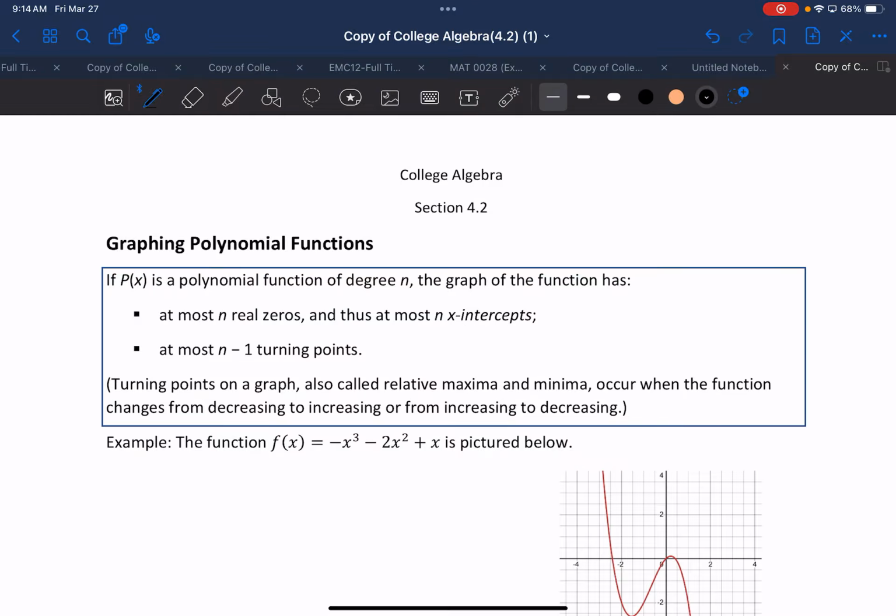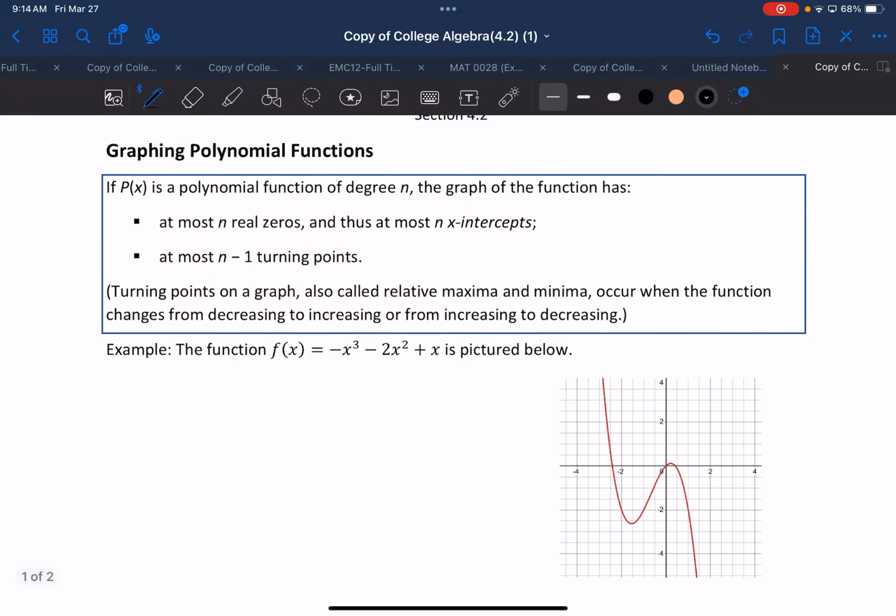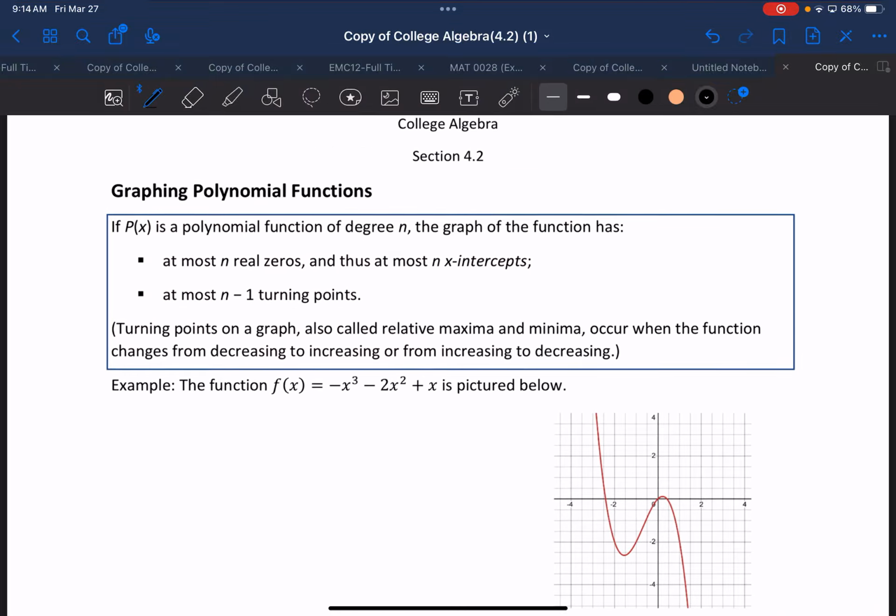Okay, so we will be going over 4.2 and 4.5 today. If you remember, I know it's been like 2 weeks since we've met. It's been a while. But in 4.1, we introduced what polynomial functions were, and we learned about some of their properties, which included the multiplicity of their zeros.